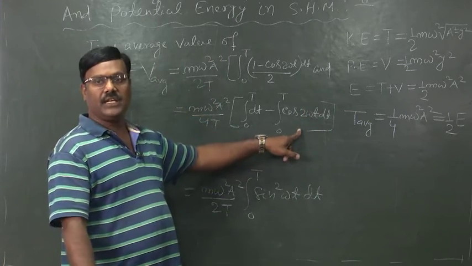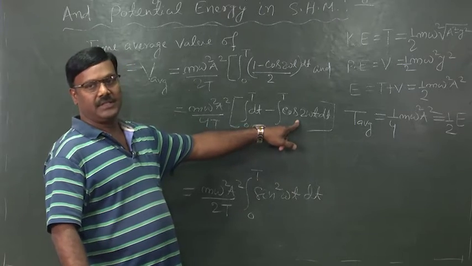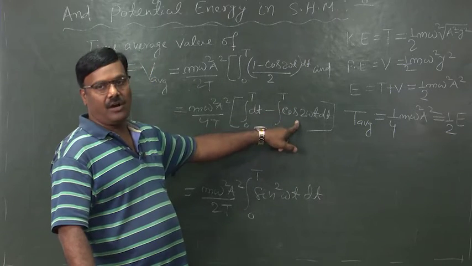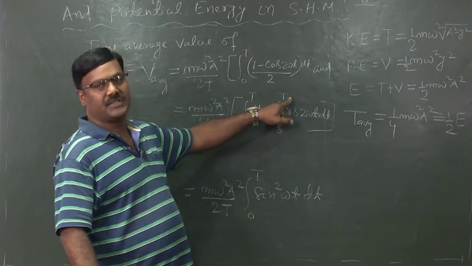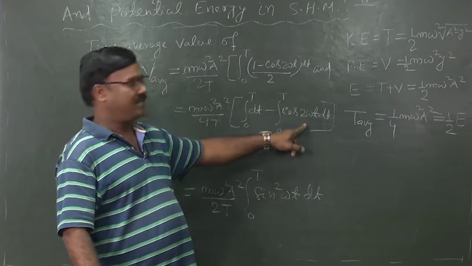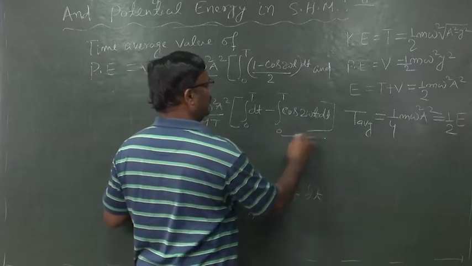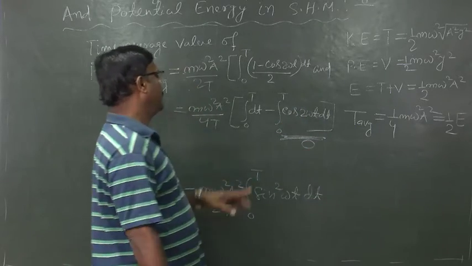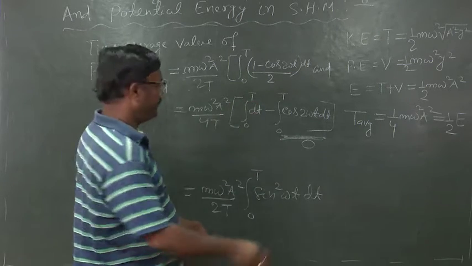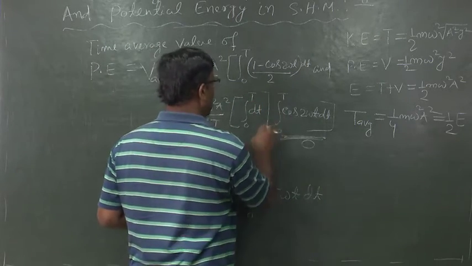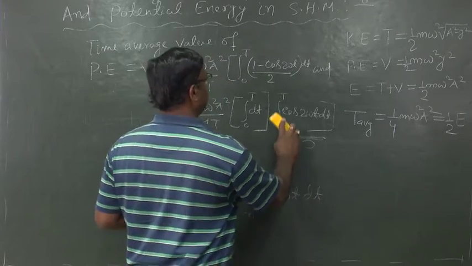But already we have shown that the integration of a sine or cosine function over a period T vanishes. That means this factor becomes 0, so this expression reduces to this much only.